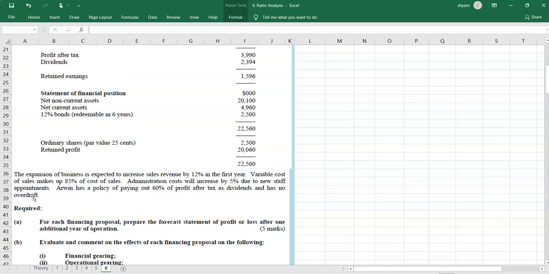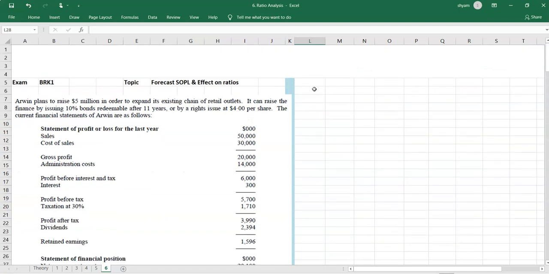So there's no overdraft here. So the sales is going to increase after the expansion by 12%. Variable cost is 85%, so that also will increase by that 12%. Administration cost will increase by 5%, and dividend will be paid from 60% of the profit after tax. Okay, so that's about the concept here. So we'll start doing it.